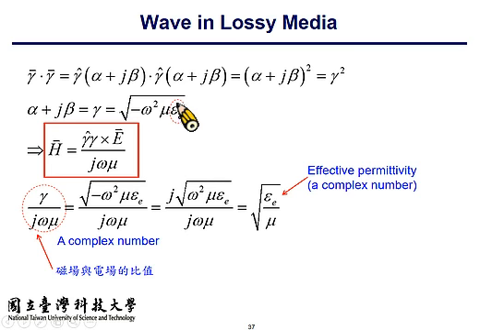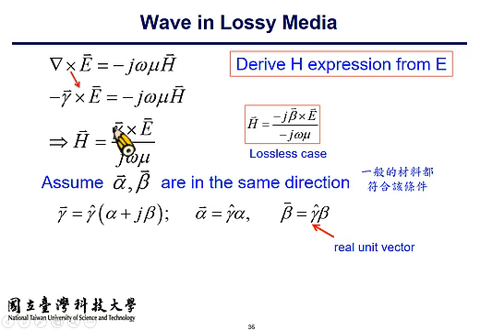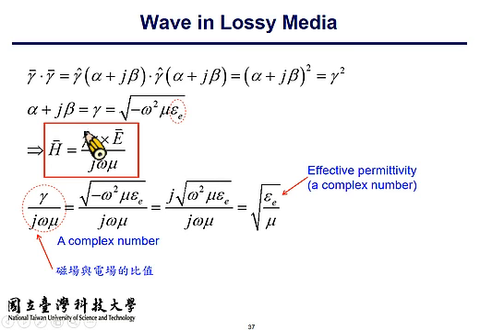So of course we know that gamma dot gamma equals gamma squared, and everything within has this relationship. So gamma is the square root of minus omega squared times mu times epsilon sub E. And you can rewrite the H representation here by substituting gamma with gamma hat, that's the unit vector of gamma, times gamma itself, the magnitude of gamma, cross E. So what is the purpose of doing this?